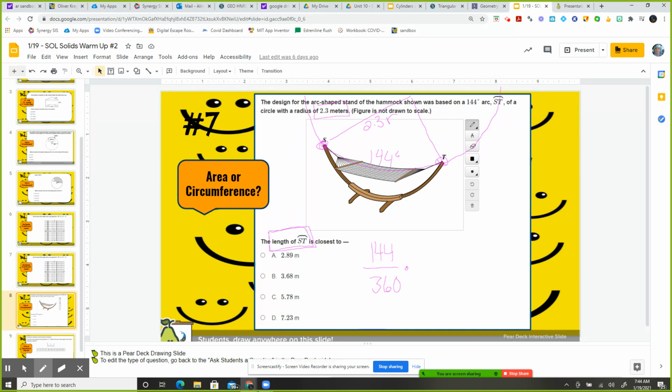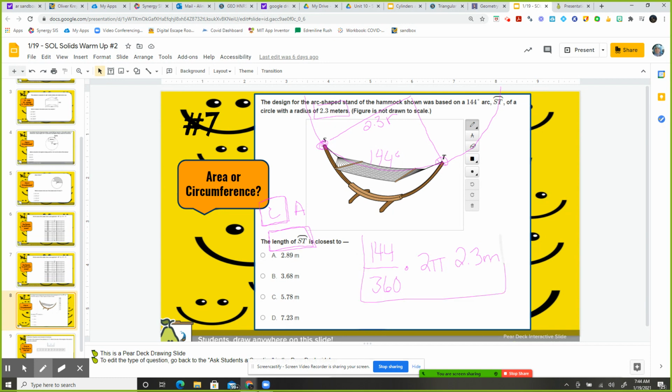So if I'm looking for length, do I want circumference or do I want area? Circumference, absolutely. Length is always circumference. Area is always area. So 2 pi and then 2.3 meters.